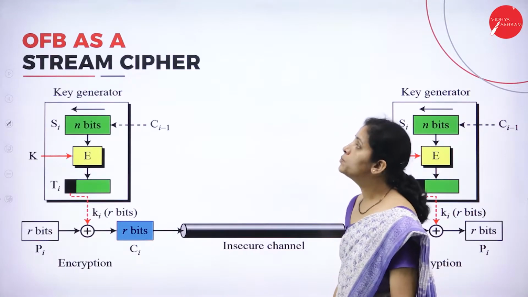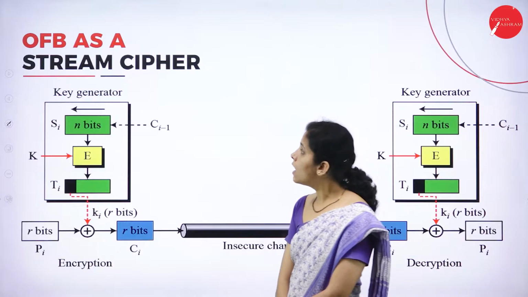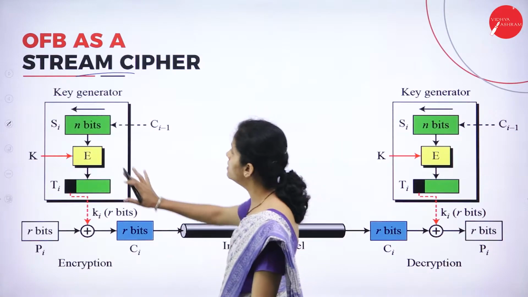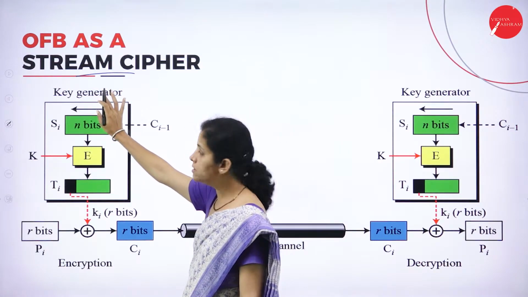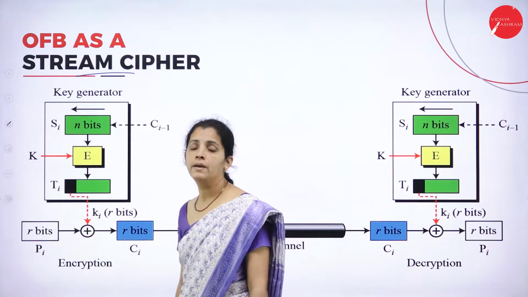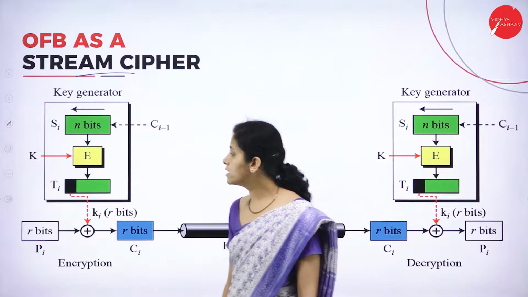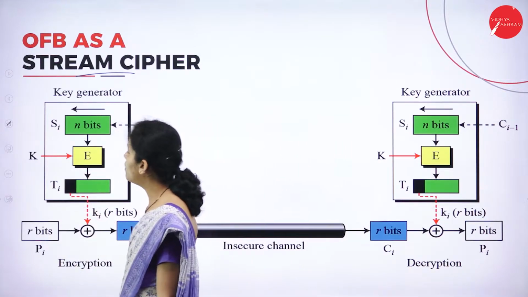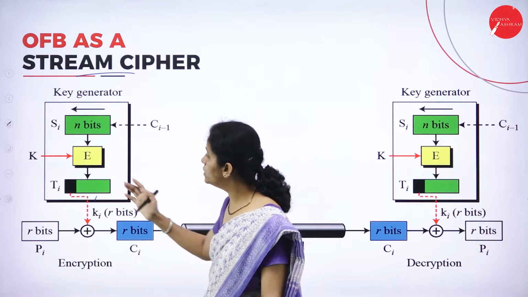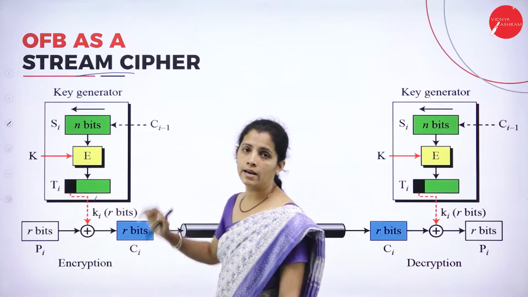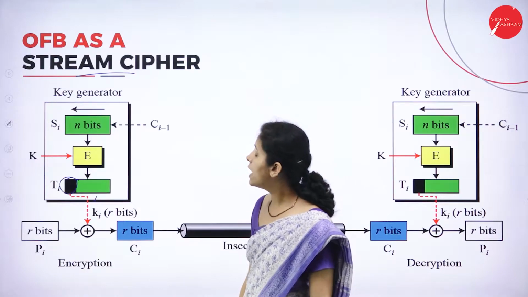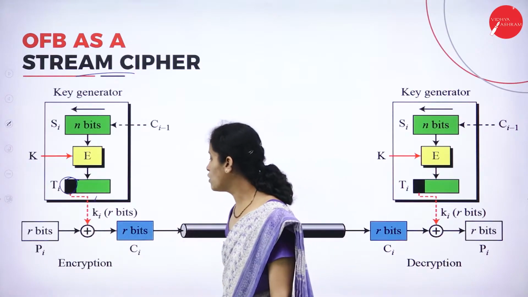And the same output feedback mode is also used as a stream cipher. So here, see, same key generation algorithm. So what is the input, that is n bits, and that is the input to the encryption algorithm. Now perform the encryption algorithm with the help of the key and get the output, and the output is further divided into left shift register and right shift register, and I'm going to consider only the left shift register, and that is the input to my XOR operation.